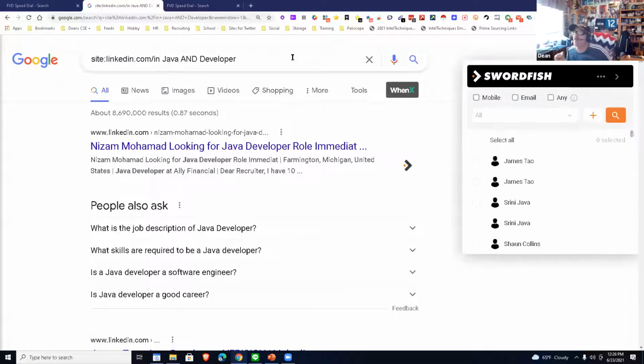That does not mean they are Java developers right now. That means they have the word Java and the word developer somewhere in their profile or somewhere in their URL. In fact, odds are pretty good they may not be, especially given the large number.